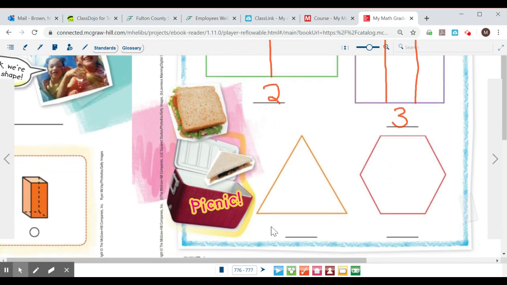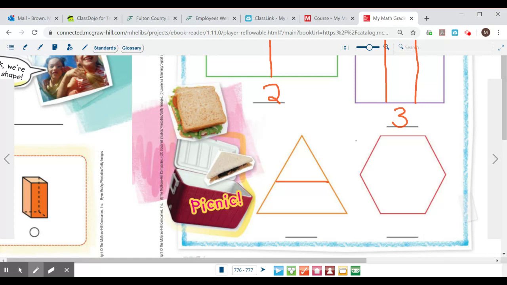I look here at my 1, 2, 3-sided shape. This shape is a triangle. So remember, when we are partitioning a shape, we want to make sure that it has equal pieces. So if I decided to split my triangle like this, would that be partitioned into halves correctly?